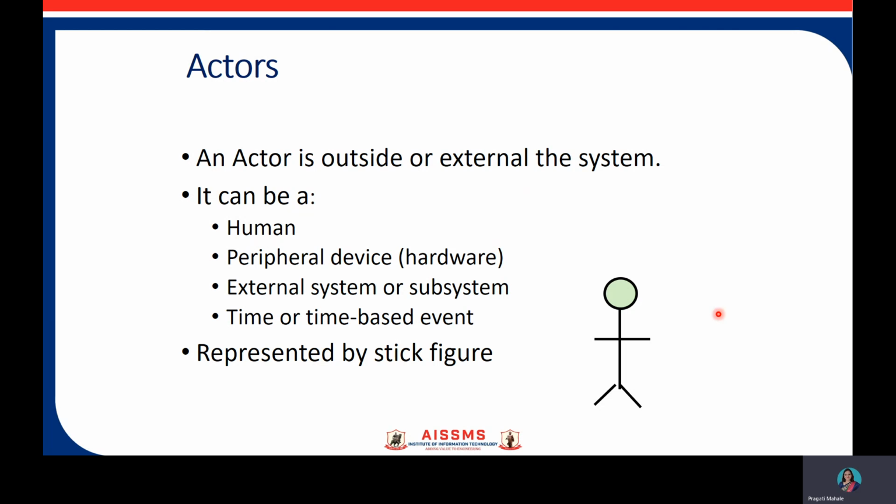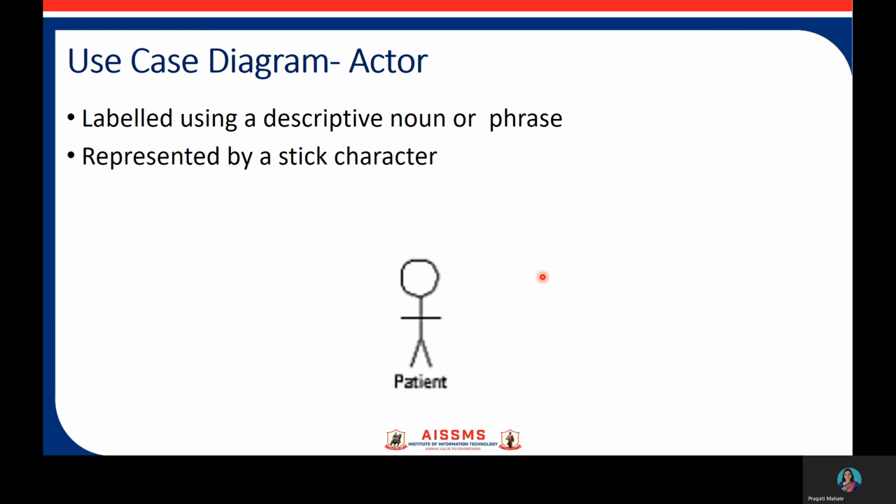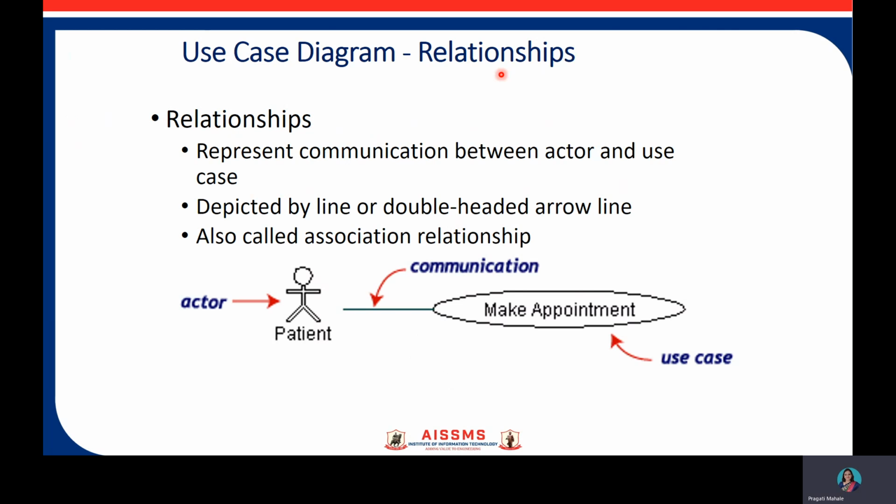How we represent actors in the use case modeling is by a stick figure. This stick figure is labeled using a description which is a noun or a phrase, and it is represented by the stick character.